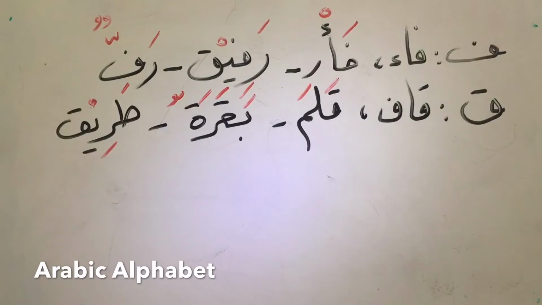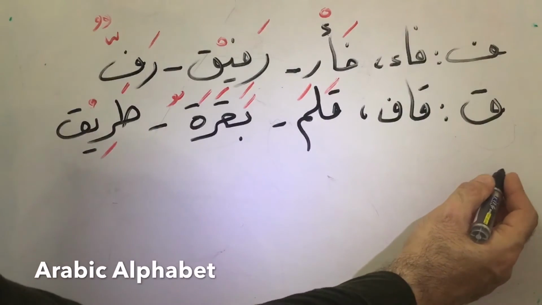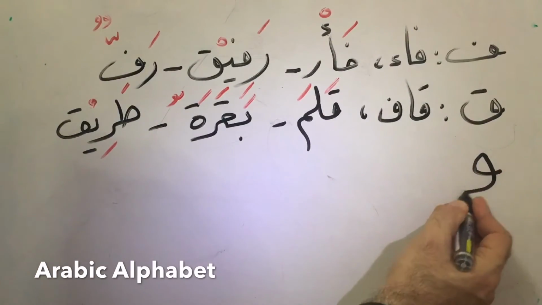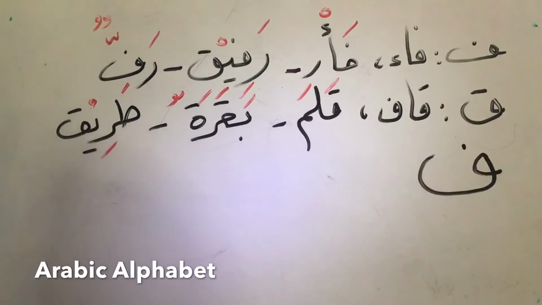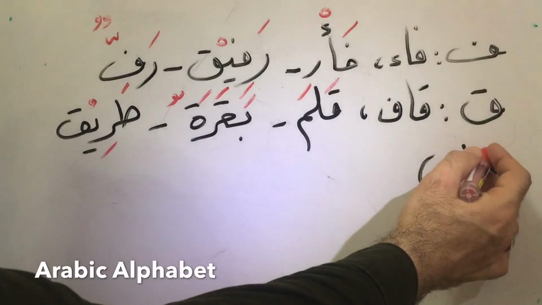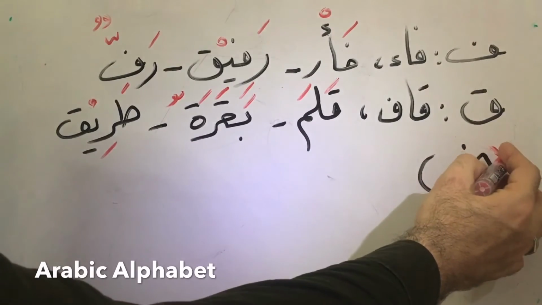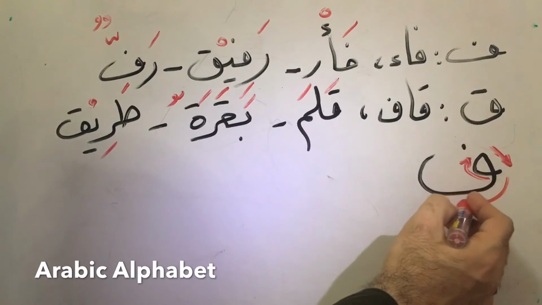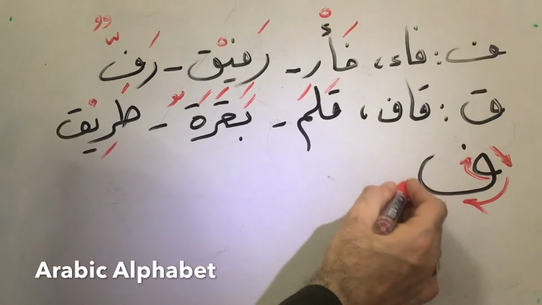If we want to know how to write exactly and the right way the letters Qaf and Fa, you can see Fa is like this. You can see how we started from here, then we moved up, then down, then we moved this side till we finished.